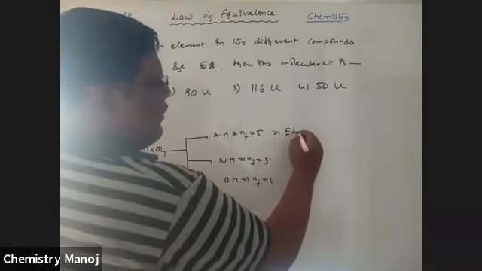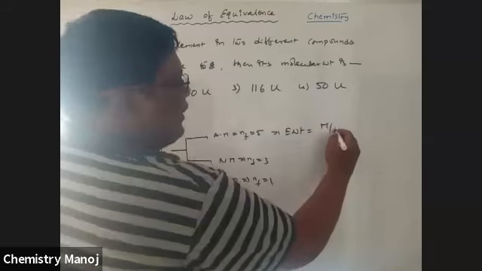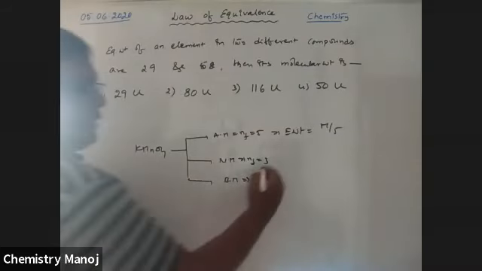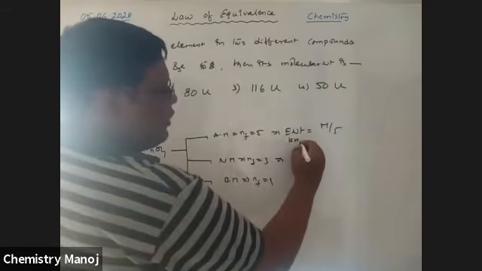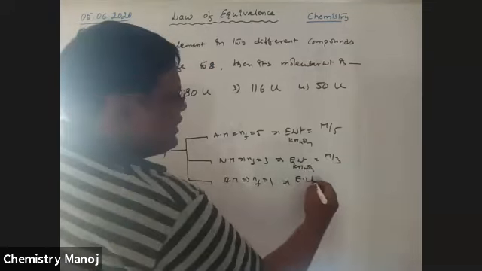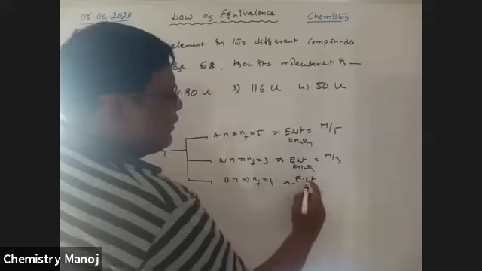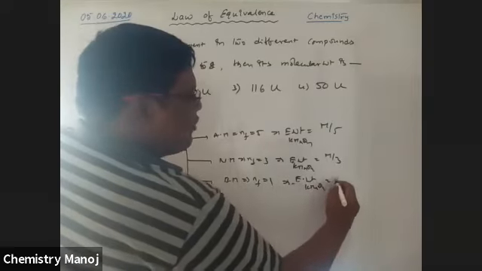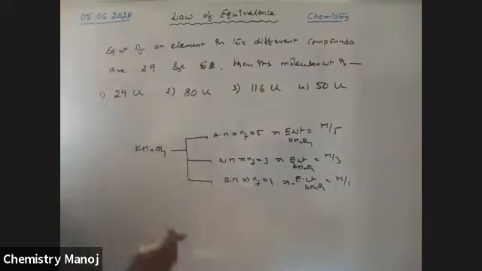Here the equivalent weight is equal to atomic weight by 5. In this case, the equivalent weight of KMnO4 is M by 3. In this case, the equivalent weight of KMnO4 is equal to M by 1.